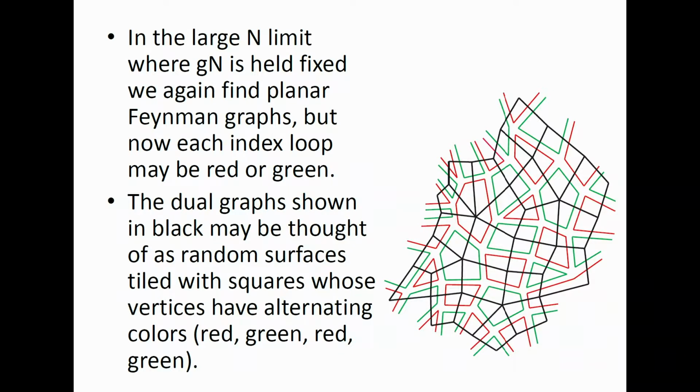So when you glue these squares, you can only glue red to red and green to green. Not all possible orientations are allowed when you glue them. You cannot, by definition, glue a red vertex to a green vertex. So it gives you some reduction in how many possibilities you have. But for matrices, it's actually not very significant.